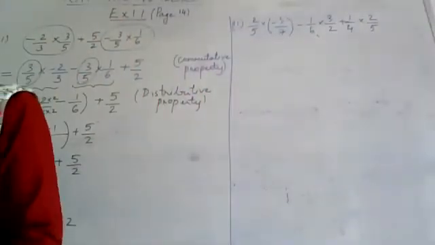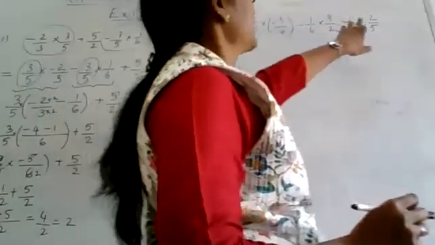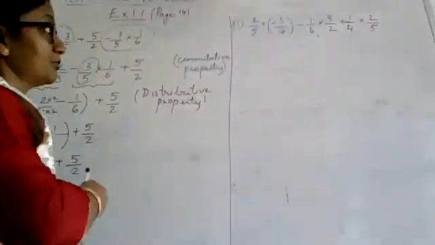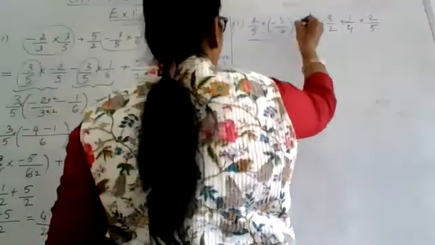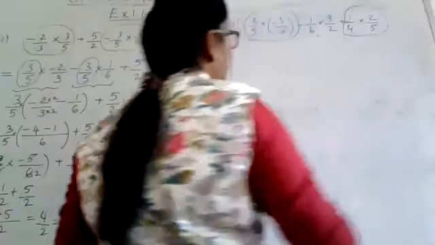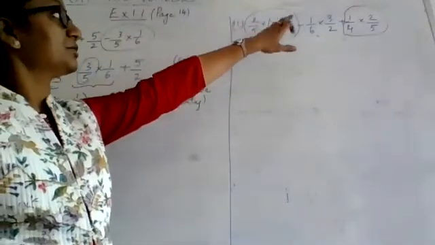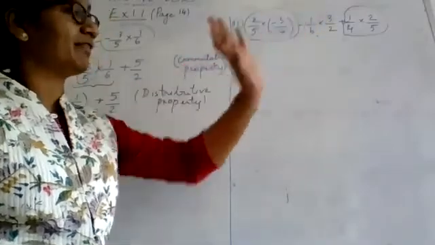Yes, what can I see here now? Again, you have to be very careful to see if there is any distribution. Whenever there is multiplication, the clue is there is some distribution. Can you see there are 2 by 5 multiplied with negative 3 by 7, again 2 by 5 multiplied with 1 by 14. So this 2 by 5 is getting distributed on negative 3 by 7 and 1 by 14.